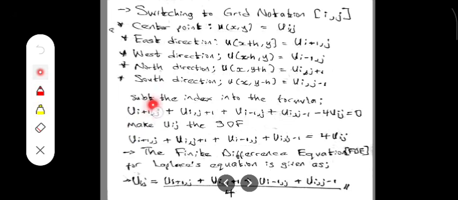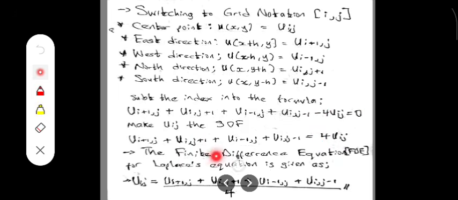Now when we substitute the index into the formula, where s equal to i, h equal to 1 and y equal to j, we'll have this. Then we can make uij the subject of the formula, which is the center point. Now negative 4uij to the other side, we have a positive 4uij.